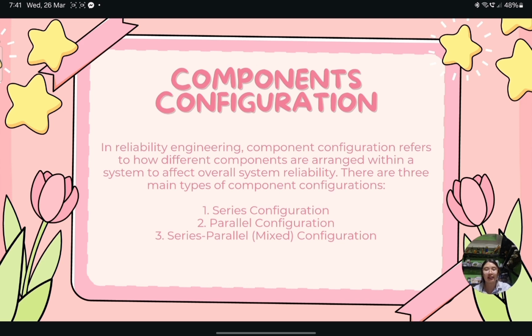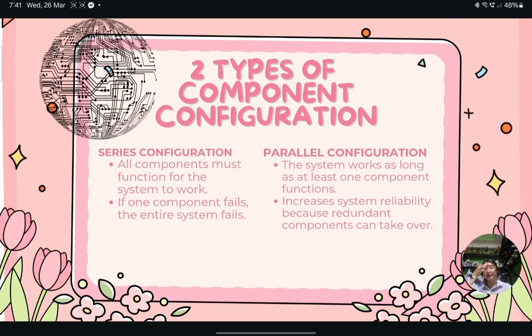The first one is the series configuration, the second one is the parallel configuration, and the third one is the series parallel mixed configuration. But I'll only be tackling the series and parallel. So, two types of component configuration. The first one is the series and the second one is the parallel.